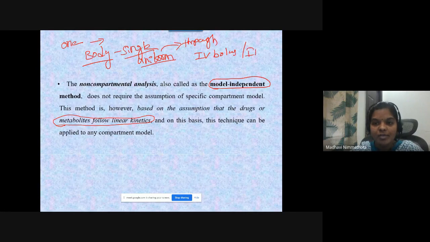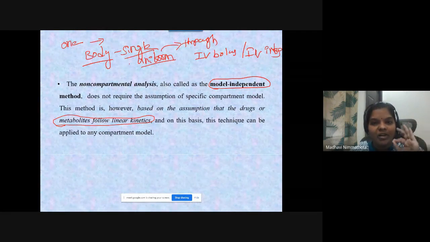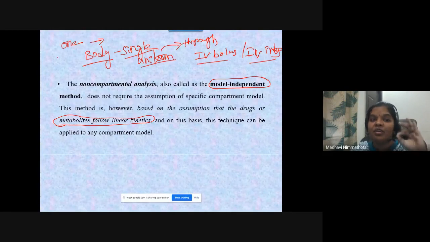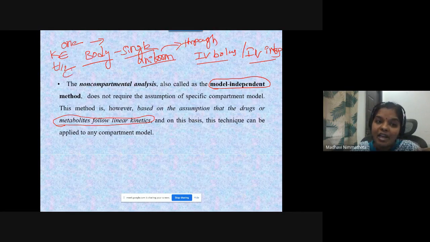So these types of kinetics we studied. When you administer your drug through IV bolus or IV infusion, and it follows the one compartment open model, here we calculated the elimination rate constant, right? And t half and the clearance, we already know all these terms. So these come under the one compartment open model.